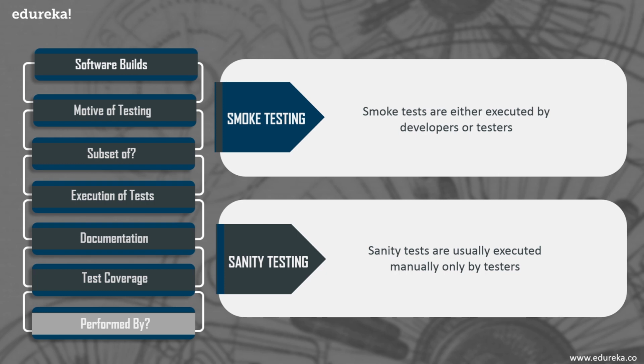But sanity testing is executed manually only by testers because, like I said earlier, before the builds come for sanity testing, they undergo rigorous testing like regression testing, functional testing and all that, and then they come for sanity testing. So it is mainly done by testers. There's no point of developers here. Another point is that smoke tests can be executed either with an automated approach or a manual approach, but sanity tests are usually executed manually. So that's it guys.